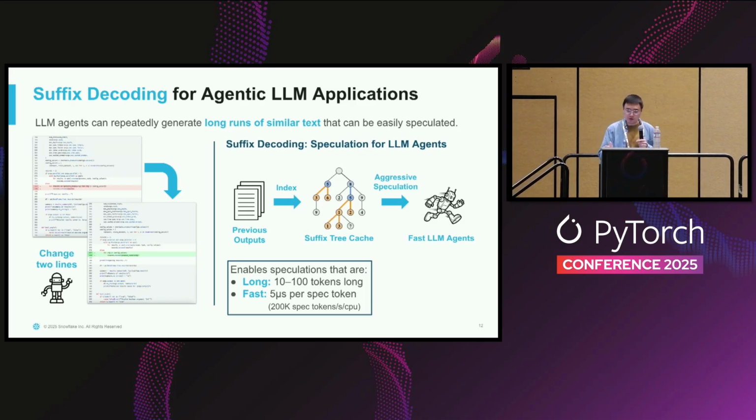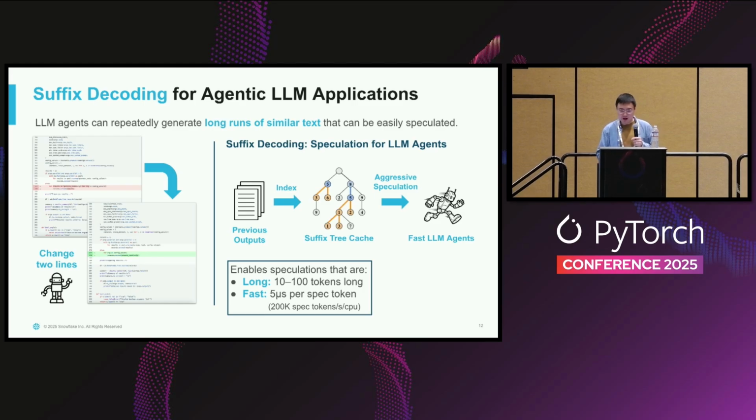So this approach can speculate sequences that are tens of tokens or even hundreds of tokens long. And it can do this very rapidly, at around 5 microseconds per speculated token, which translates to around 200,000 speculated tokens per second. And it's doing this on a single CPU, right? So if you have even more CPUs, it scales up from there.